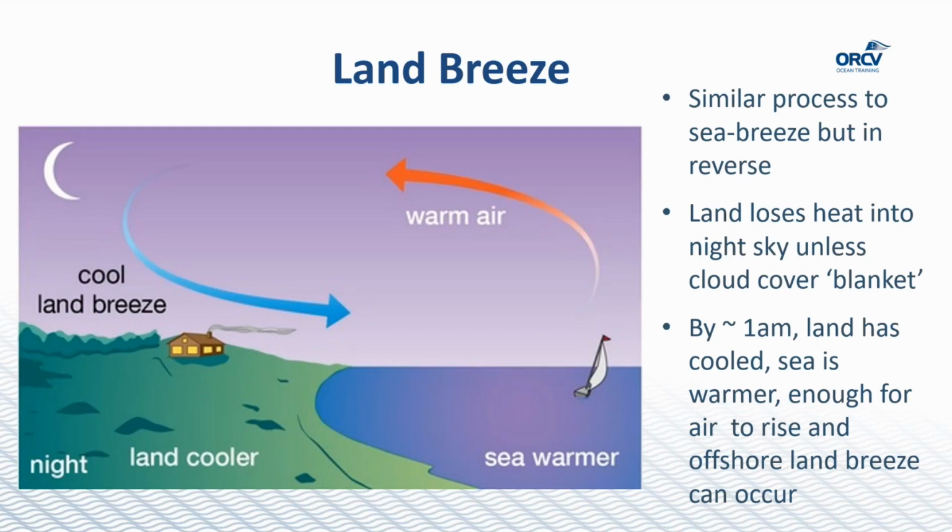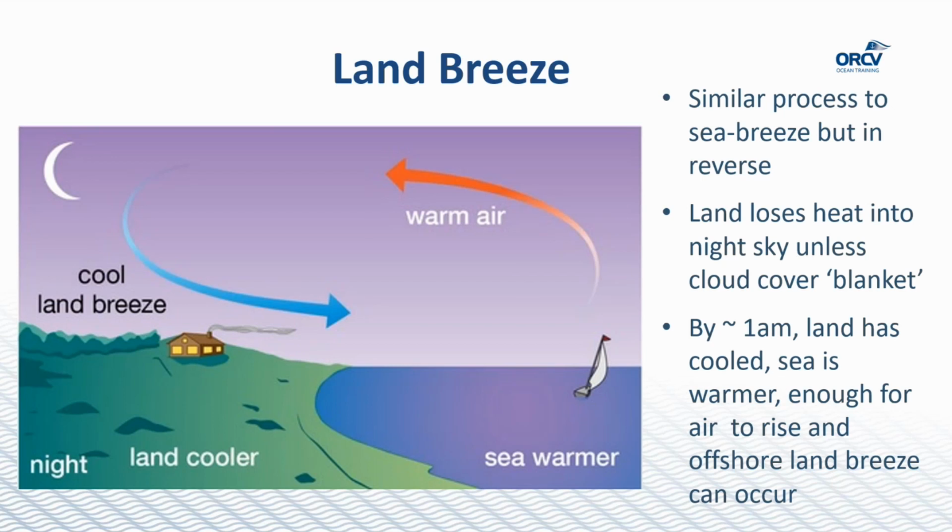Then we have the phenomenon called a land breeze. It's the reverse of the sea breeze. After a very warm day, particularly in the summer, the sea has warmed and the land is now cooling quickly.